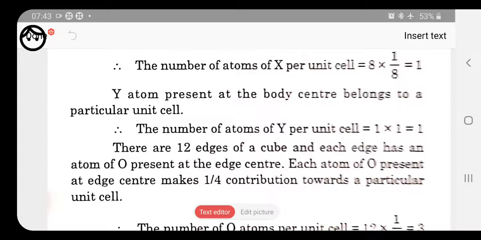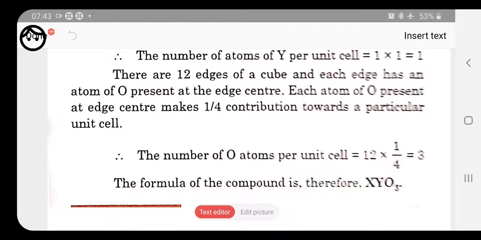Each atom of O present at the edge center makes 1/4 contribution towards a particular unit cell, because each one touches 4 different unit cells. So 12 multiplied by 1/4 gives 3. So O is equal to 3 atoms.